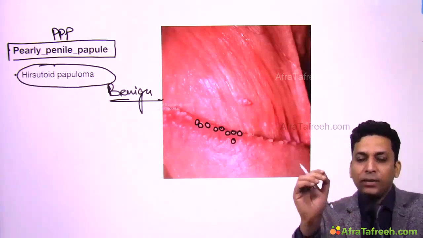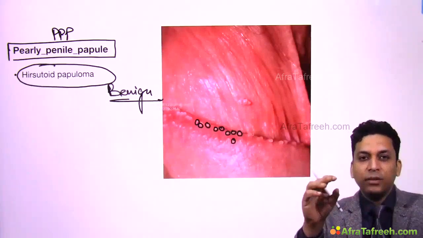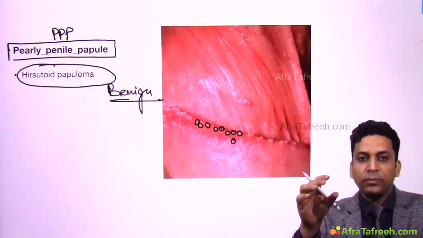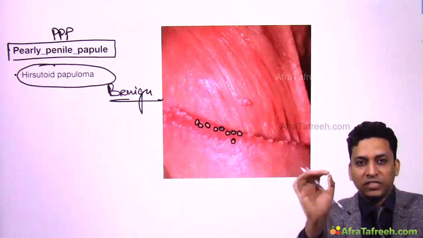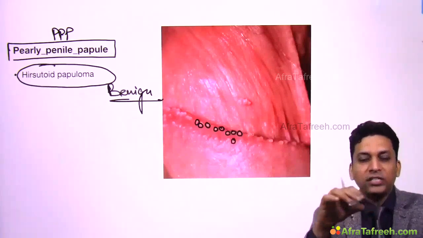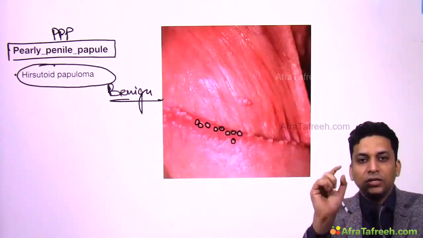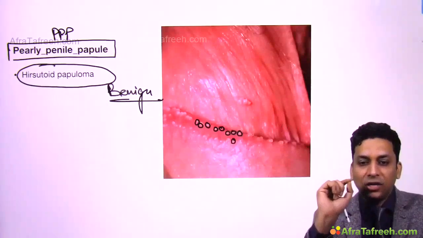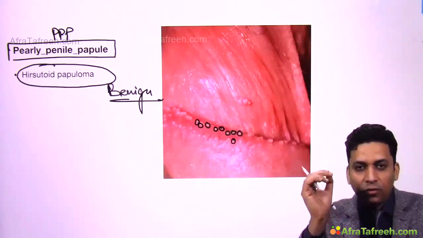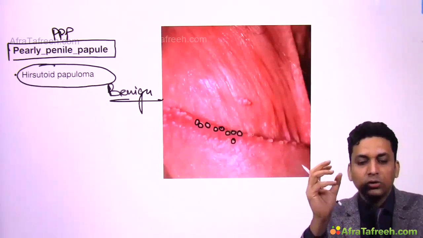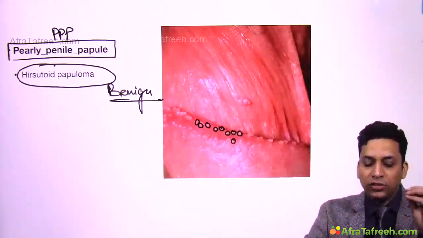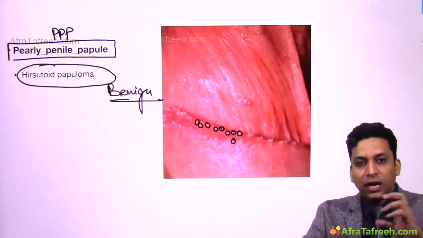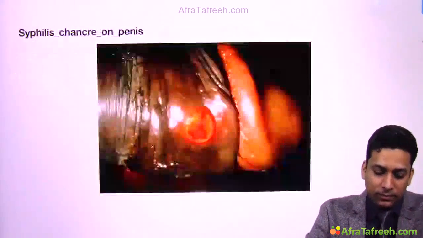So these pearly penile papules are benign lesions and they might develop during adolescence, during puberty, and these are normal lesions and these are not a form of STI. So sometimes this option is there in the question. So remember, these are not STI and these are not any STI like viral warts. These are not growths due to warts. These are actually benign growths which might develop at the time of puberty around the coronal sulcus.